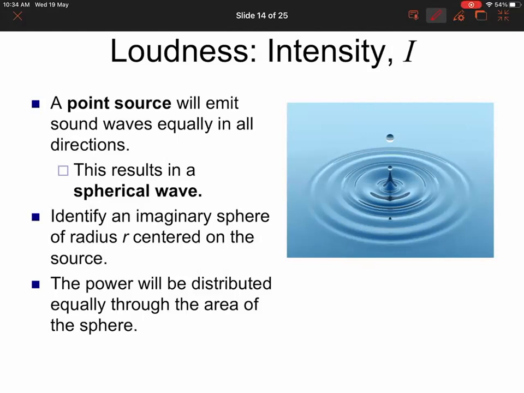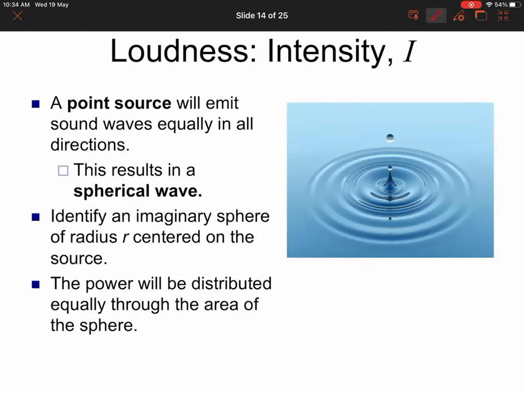It's three-dimensional. So you can think of the propagation as spheres centered around the source of sound. It's similar to how ripples in a calm lake propagate. Although this is two-dimensional, for sound, just extend that to three-dimensional.